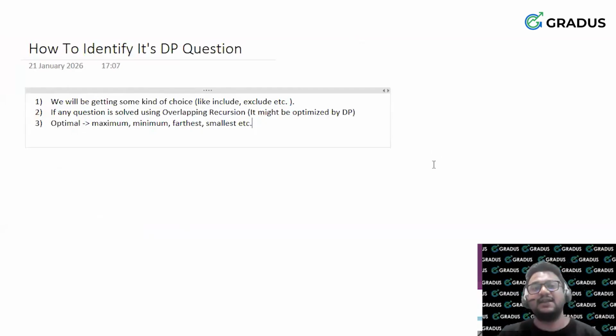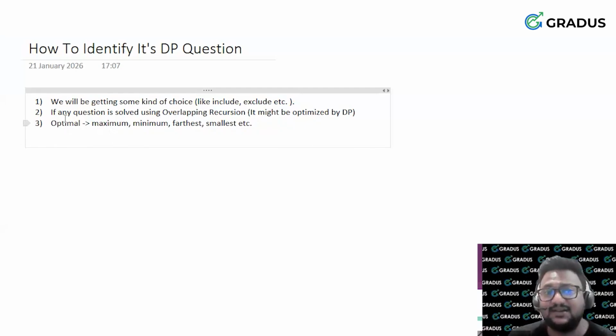So, how would you identify if it's a DP question or not? As I just told you, all of these DP questions are nothing but enhanced recursion. So we have already seen all the recursive questions will have some kind of choice for you, that you have to either pick this element or not. Correct? These kinds of questions are solved via recursion. So if any question is solved via recursion, you can think of one optimization that could be DP.